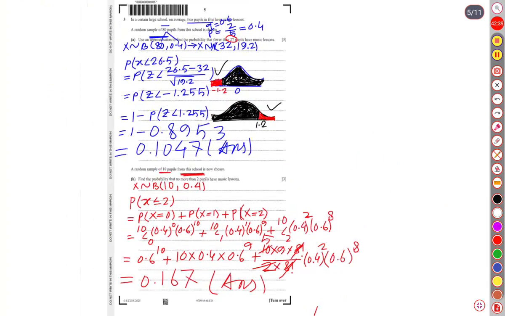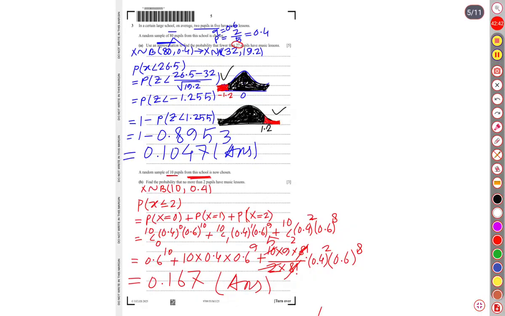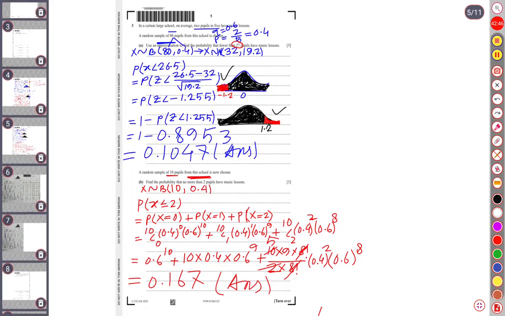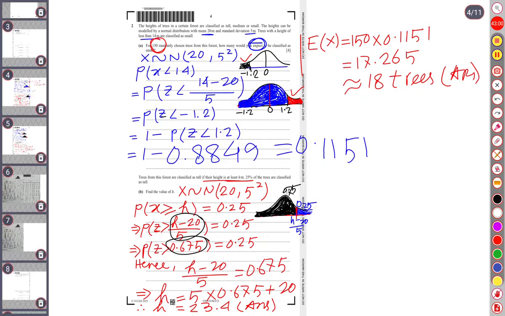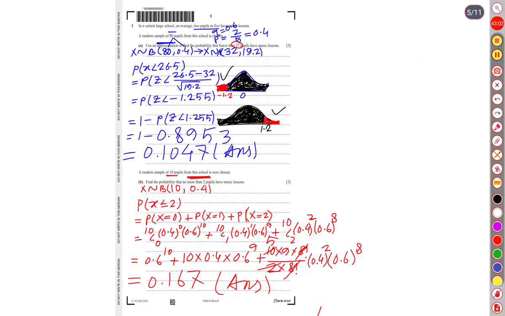So that's all about the solution to both of the questions. Let me show question number 2, which is on this page. 2a as well as b both belong to normal distribution, and I tried to explain every tiny part so that you can understand it easily. And then our question number 3 is over here, which is simpler than the solution to question number 2.